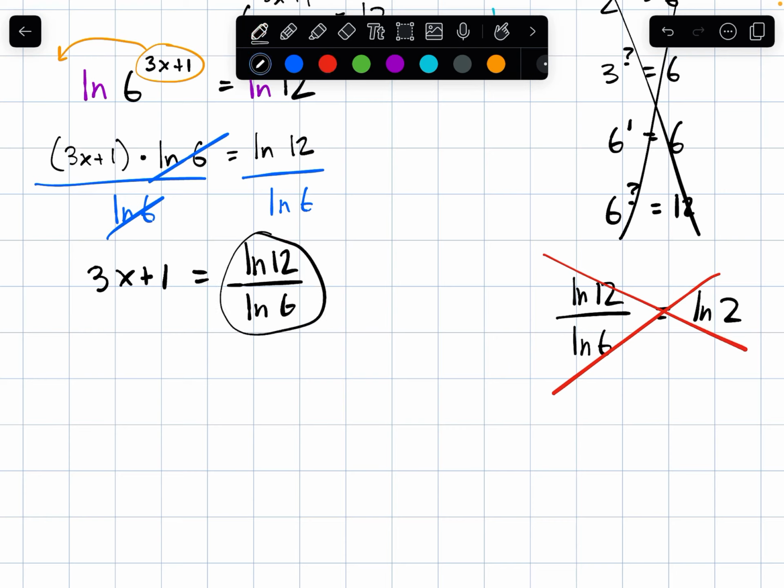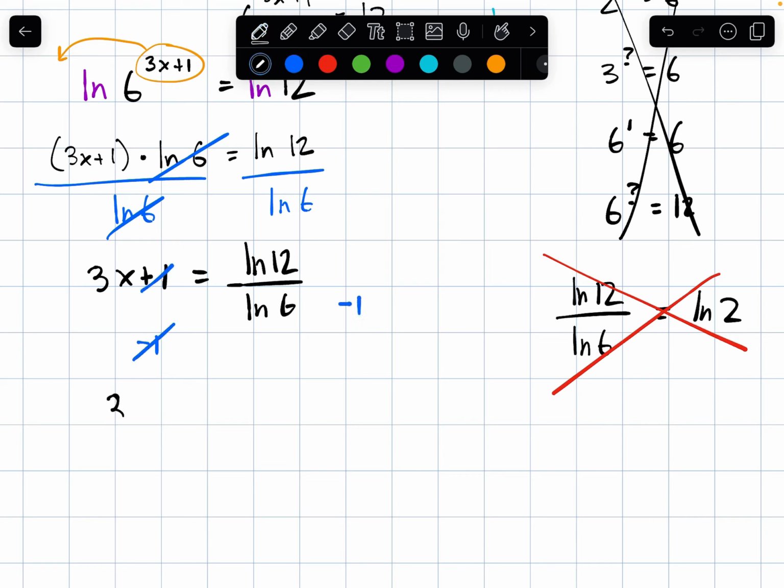Don't go on your calculator just yet, because once you round a number and then use that to multiply or divide or anything else, your number is going to get further and further off from the approximation that you have. We're going to get everything away from the x first. So I'm going to subtract 1 on both sides.